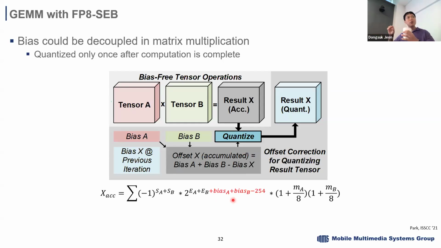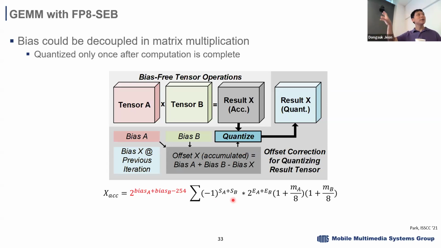But because we are sharing the same value across all the elements in a tensor, we can take that value out of the summation because it's a shared value. It's kind of constant in this operation. So that means we can perform the tensor multiplication as usual without considering these shared exponent bias values. And only after all the computations are done, we can simply put this back to here.